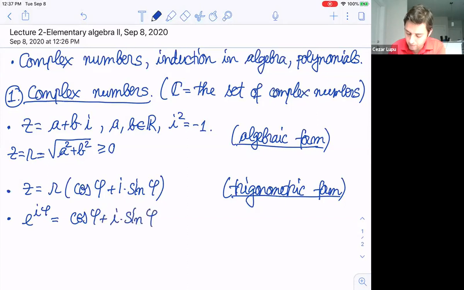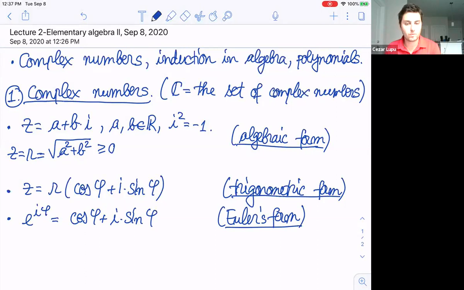This is the Euler form, right? For a complex number. So you can represent it in this exponential way. Well, this is Euler's formula, which connects the trigonometric functions with exponential functions via complex numbers. That's exactly what it does. And of course, as you can see, I wrote it here for, well, I assume that this complex number has absolute value equal 1.